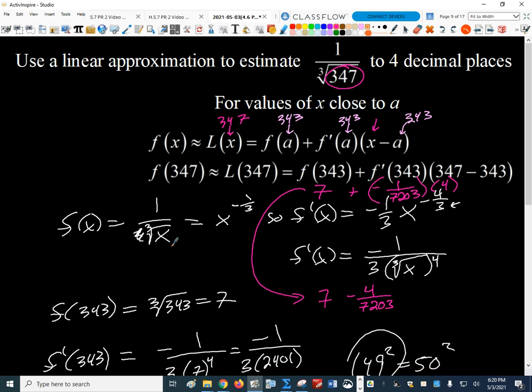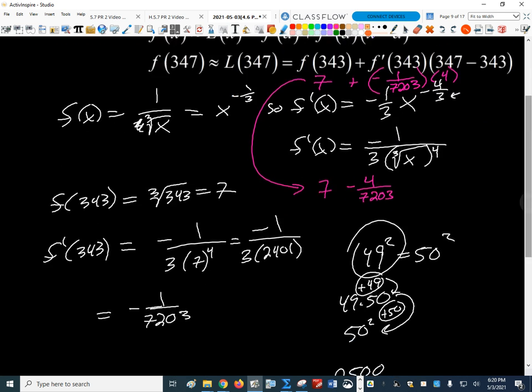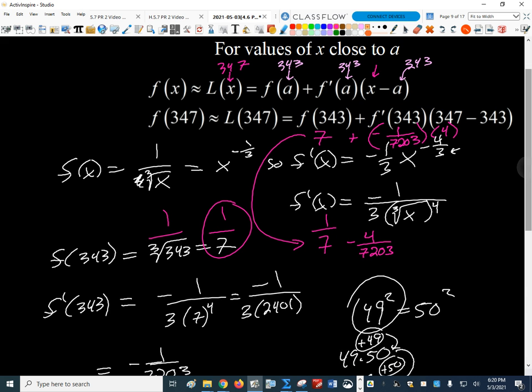Our function, that's supposed to be 1/7, isn't it? I see one mistake. F of x is 1 over the cube root of x, not the cube root of x. So you probably saw this and were laughing at me earlier. This should have been 1 over the cube root of 343. So it's 1/7 minus 4 over 7203. Okay, so what's that give us?